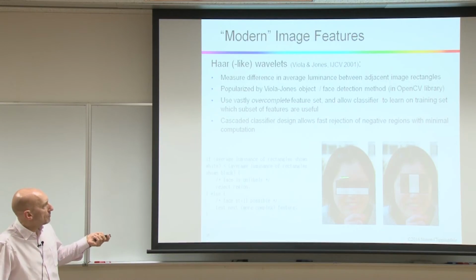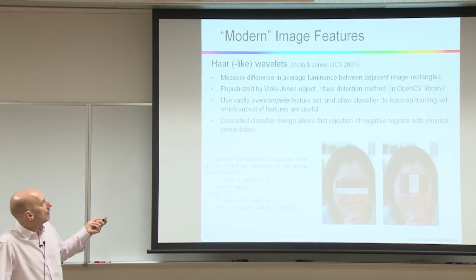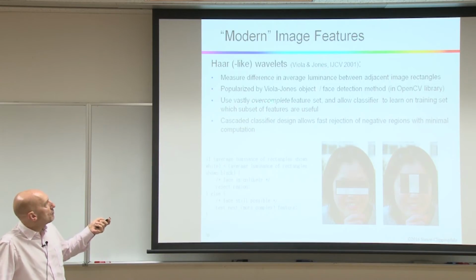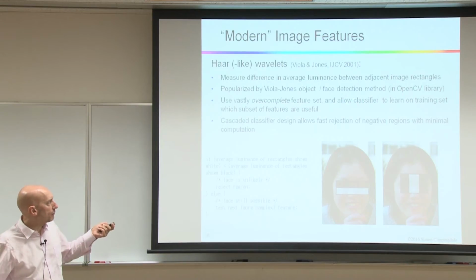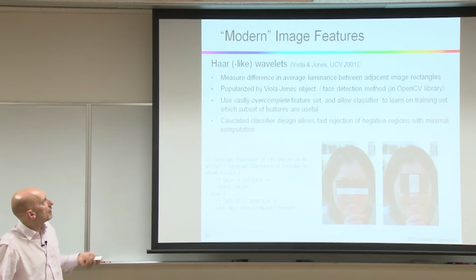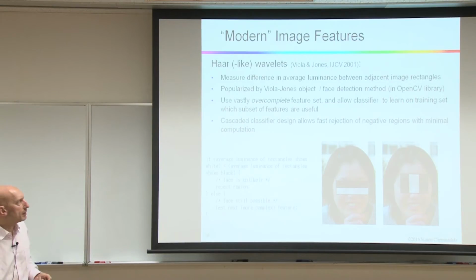So the combination of different sizes of these rectangles is very large. It's a vastly over-complete feature set, and the trick is to feed all the results from these many features into a classifier, and the classifier learns which of these features are useful by itself.